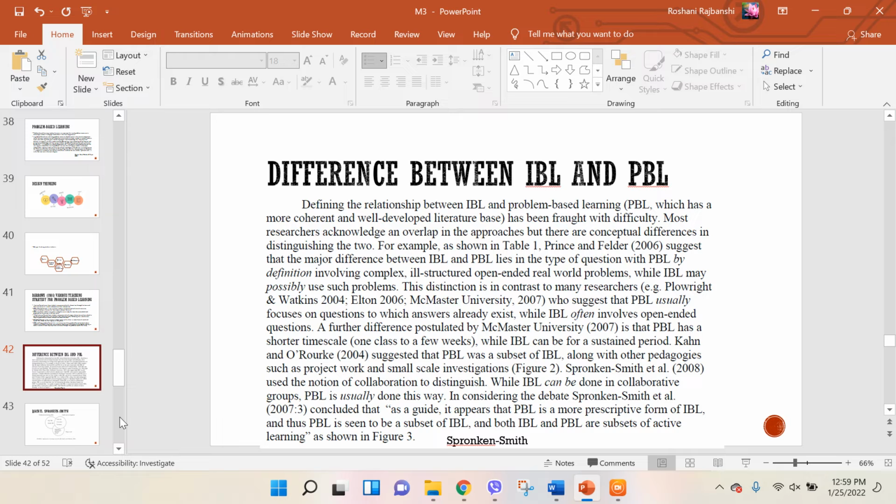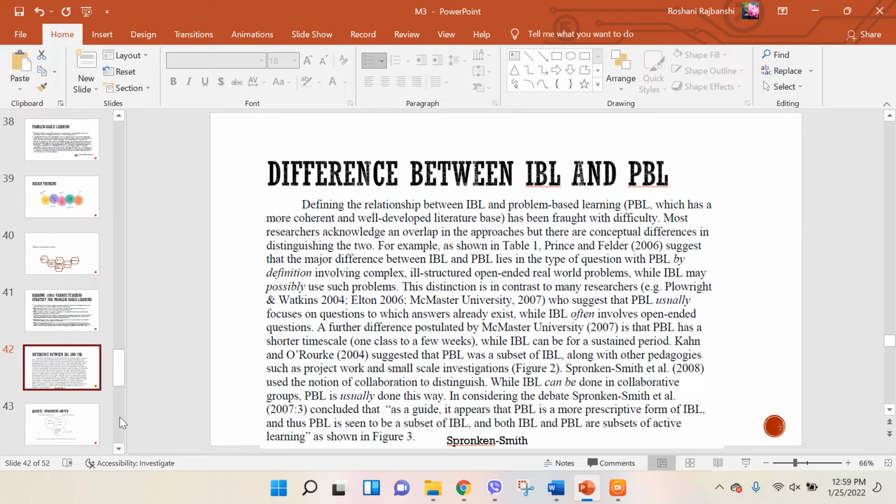Khan and Rauki suggest that PBL was a subset of IBL with other pedagogies such as project work and small-scale investigation. You can see this in the figure over here. Sprunken and Smith used the notion of collaboration to distinguish: while IBL can be done in a collaborative group, PBL is usually done in collaboration.